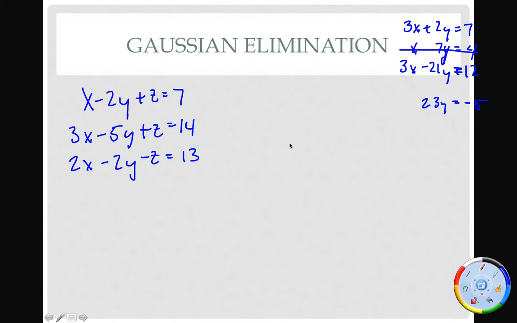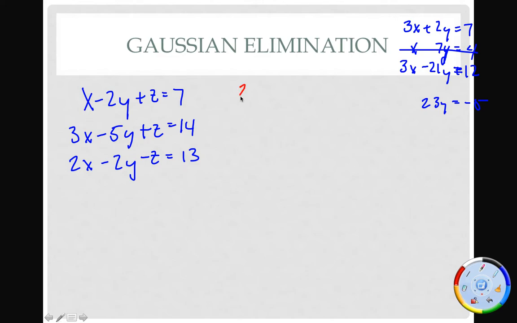So Gauss's process here is just a little bit longer because it's now got 3 equations. What I'm going to do is take this top equation, multiply it, and get rid of the x's here.